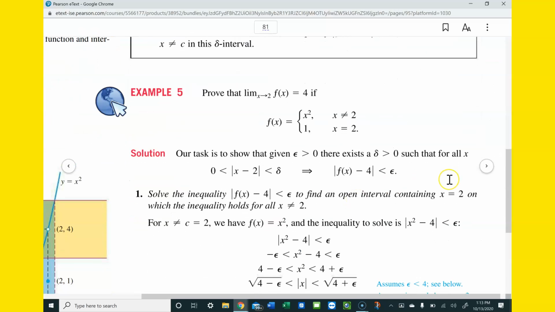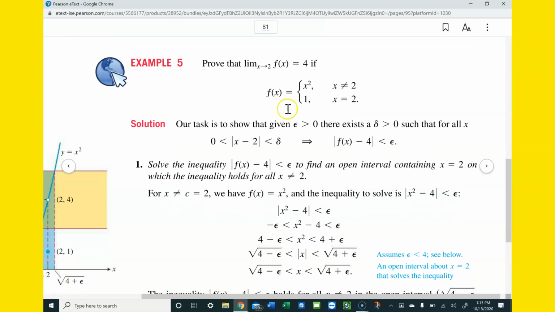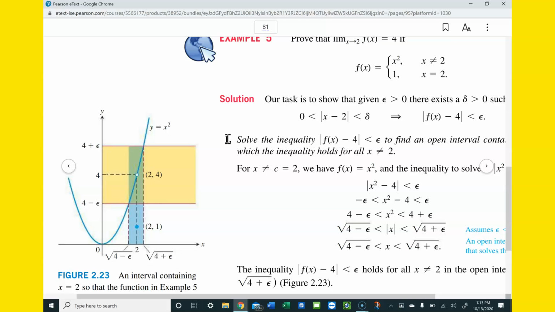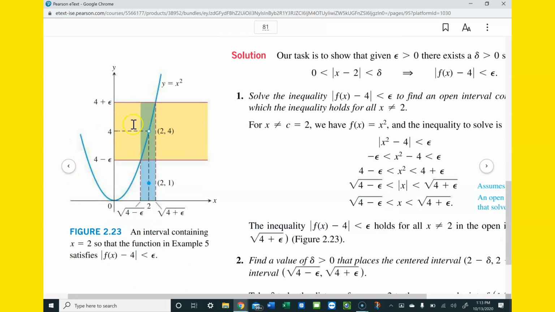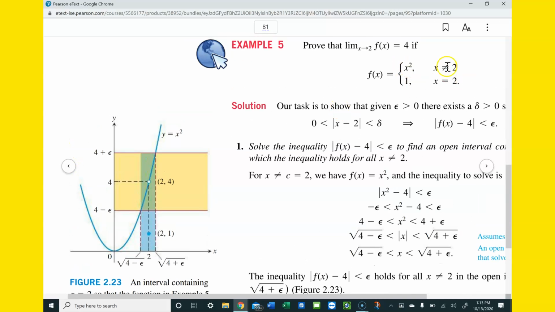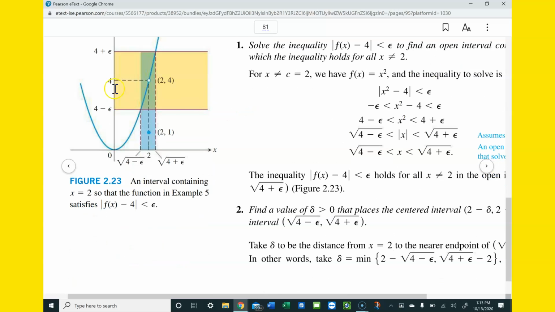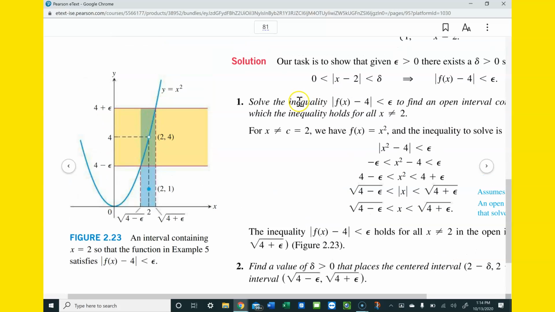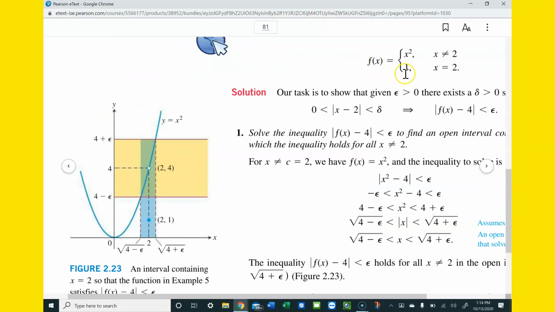All right, example 5. Prove that the limit as x approaches 2 of f of x equals 4 if f of x is defined by this piecewise function. So look, here's this piecewise function. F of x equals x squared as long as x doesn't equal 2. So it is this parabola, except here when x equals 2. At x equals 2, it is not this parabola. It is simply f of x equals 1.